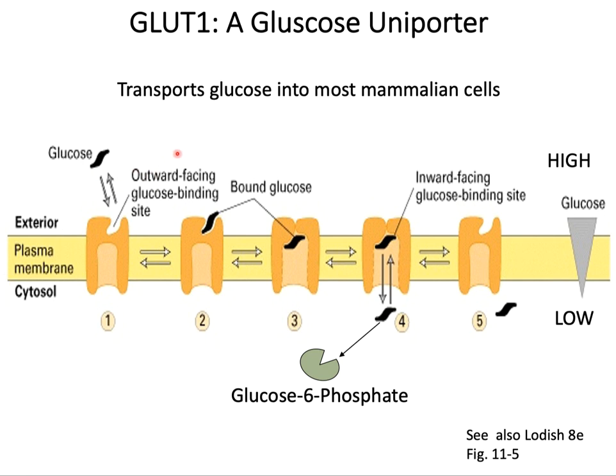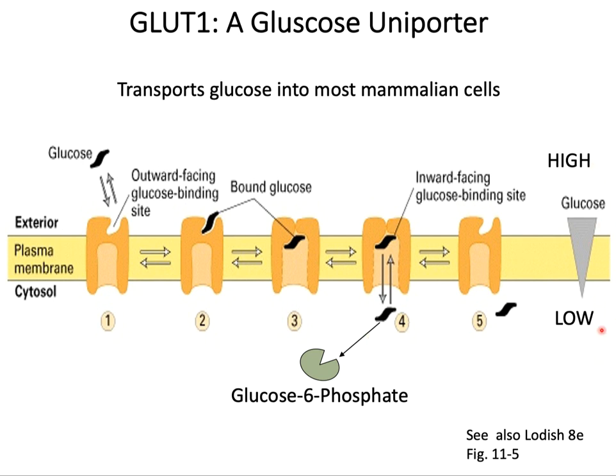Glucose from the extracellular space will bind to the glucose binding site. When glucose binds, this causes a conformational change in the transporter protein, and the glucose binding site is now facing inward. So now the glucose is within the core of the transporter and it can diffuse into the cytosol. Once glucose is in the cytosol, it is often immediately converted to glucose 6-phosphate by an enzyme.